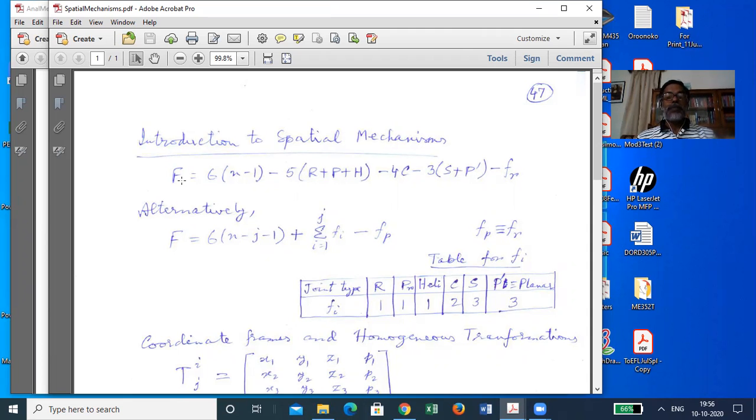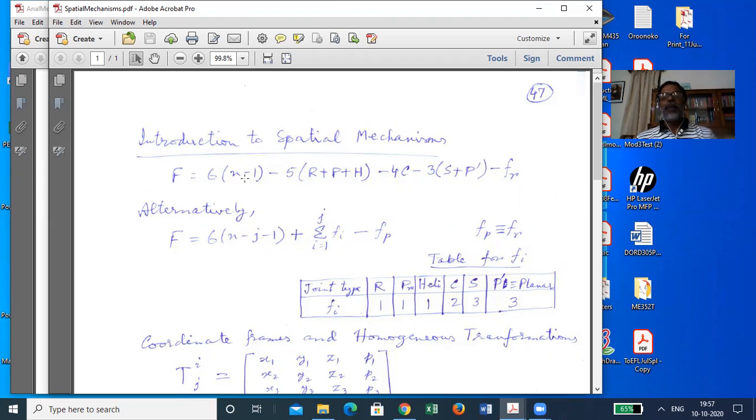Now here we have to start with not 3 degrees of freedom for every rigid body, but 6 degrees of freedom for every rigid body. Linear motion in XYZ and angular motion about XYZ directions. Okay, so 6 times n minus 1 minus, every revolute pair will remove 5 constraints.